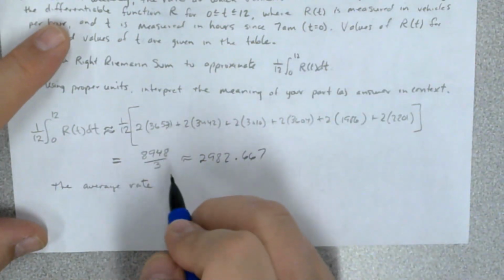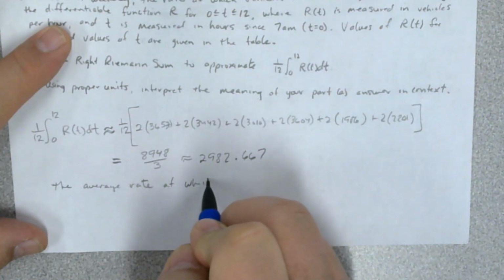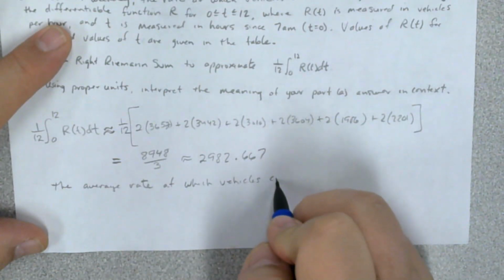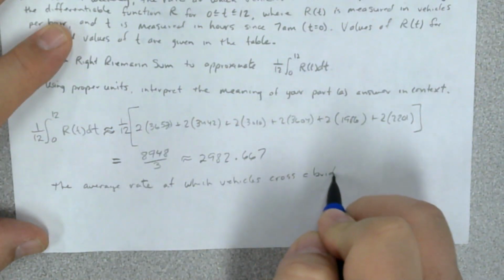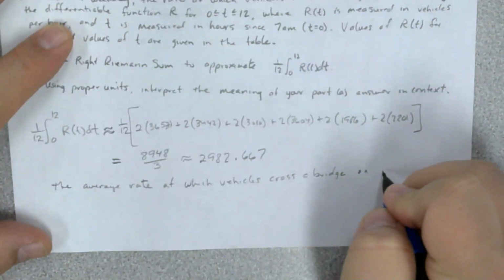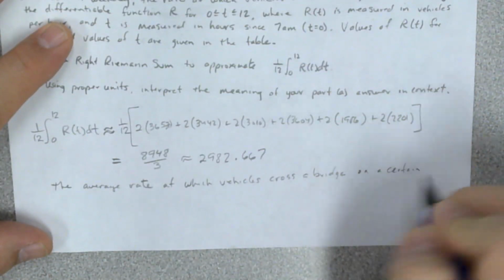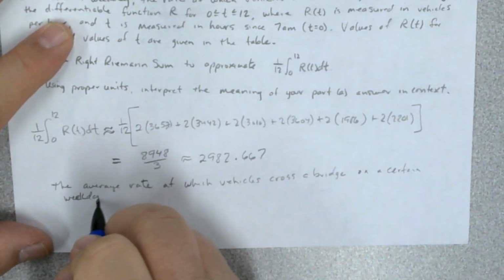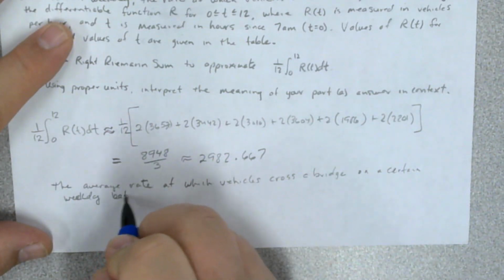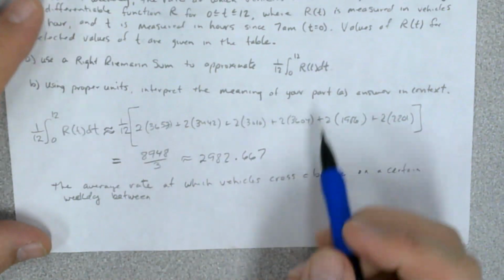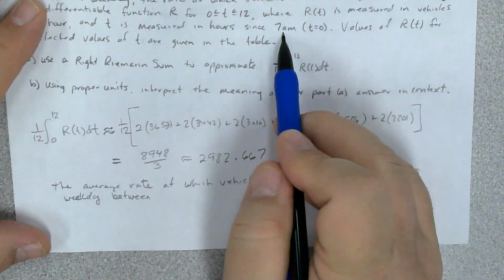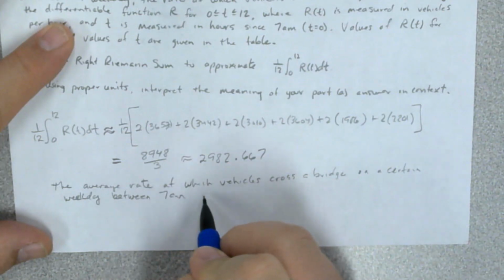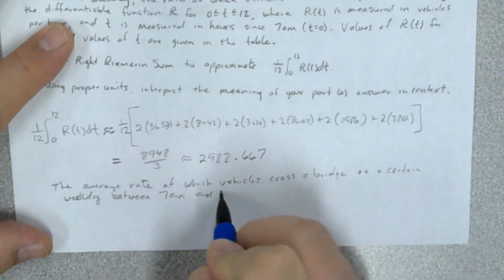So this is the average rate at which vehicles cross a bridge on a certain weekday between what? What's my time frame? What's my interval? It's a 12-hour interval starting at 7 a.m. So in context, weekday between 7 a.m. and then 12 hours later, which would be 7 p.m.